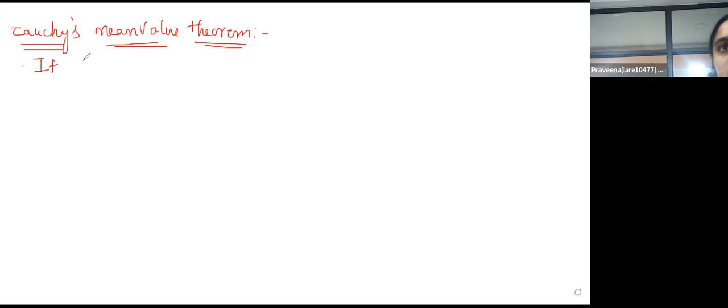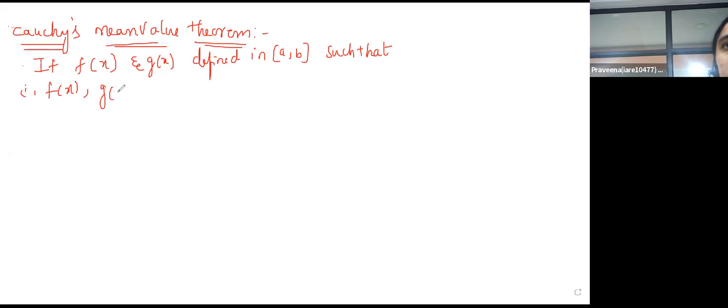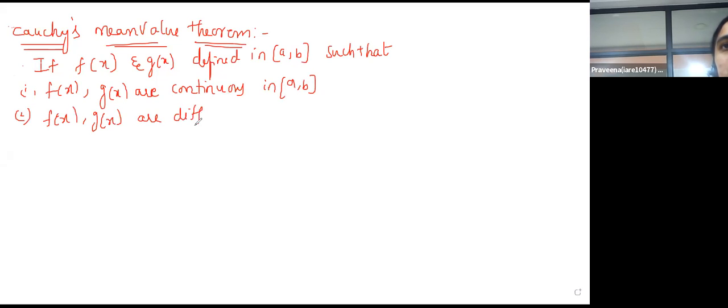If f of x and g of x are defined in closed interval a comma b such that, first one, f of x and g of x are continuous in closed interval a comma b, and the second one, f of x and g of x are differentiable in open interval a comma b.